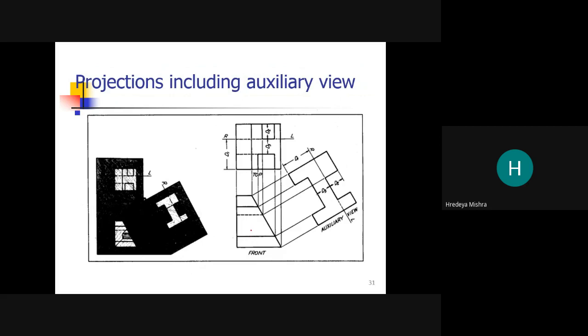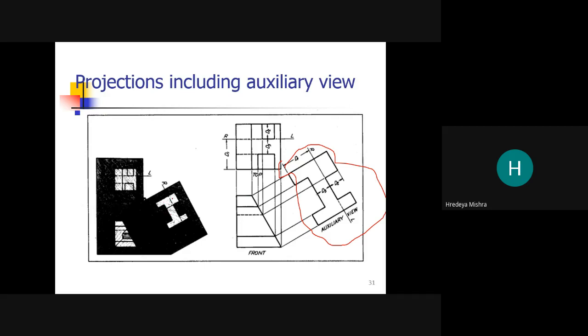Like this is the front view and this is the top view, and this is our auxiliary view where we can see this shape. See how this shape looks here in the top view, and in the front view this is not visible, but in this auxiliary view we can observe the actual or true shape of the slot.